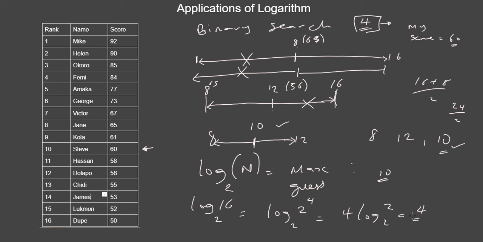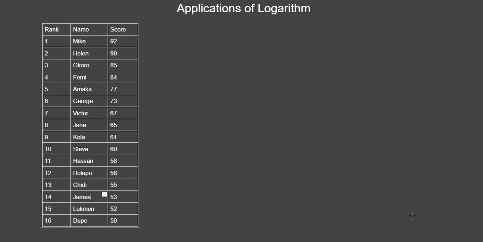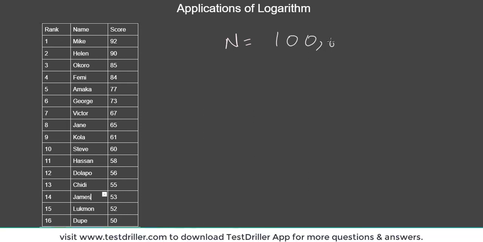So let me give you an example. Let's say we have n equal to 100 billion users, or items. Now, imagine in the worst case where the item is at the very bottom.